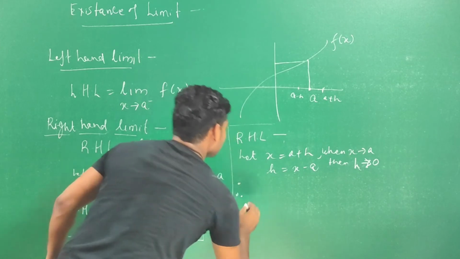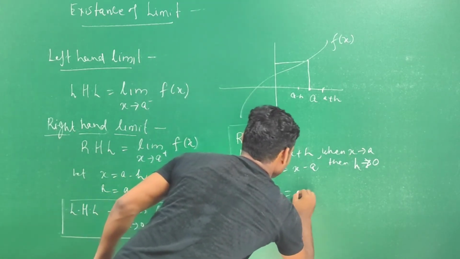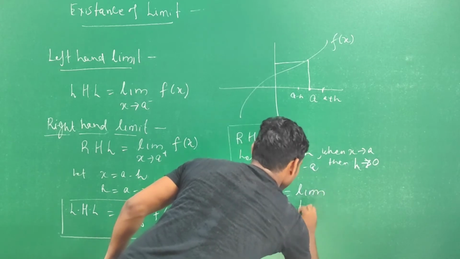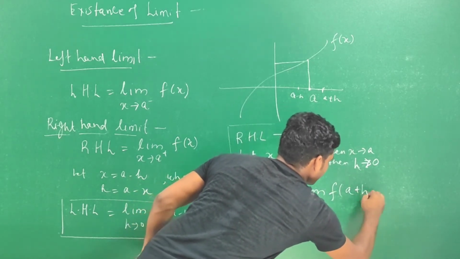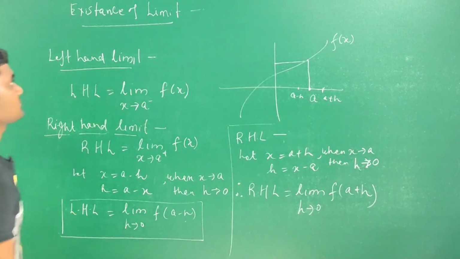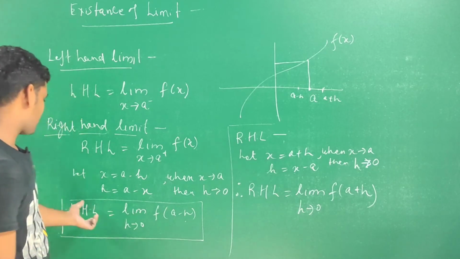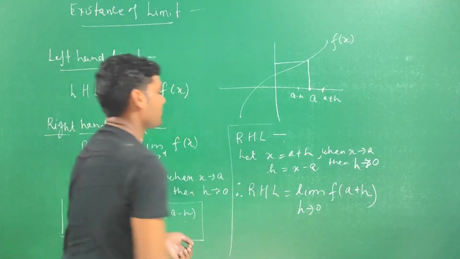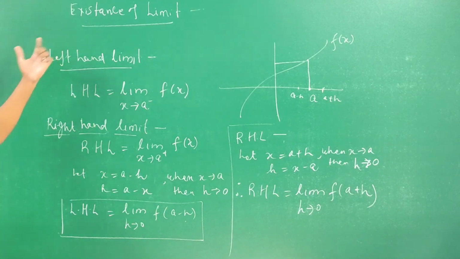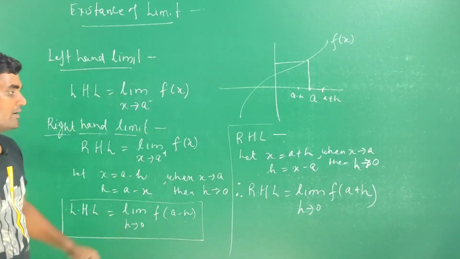In this case, the right hand limit equals limit h going to 0 of f(a plus h). So with the use of these formulas, we can easily find the right hand and left hand limit of the function f(x) at the point x equals a.